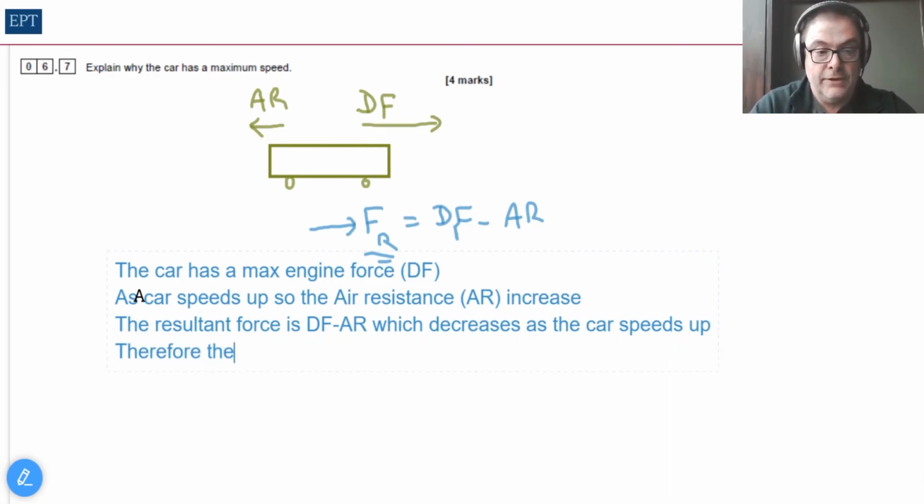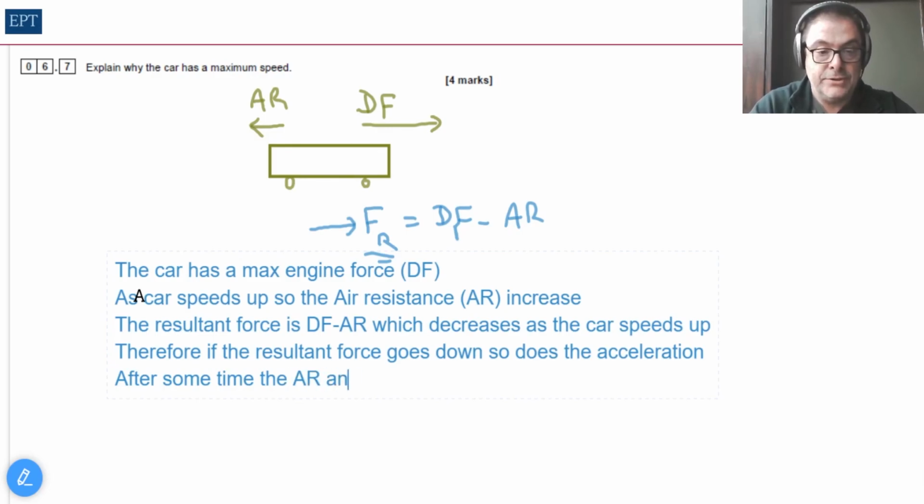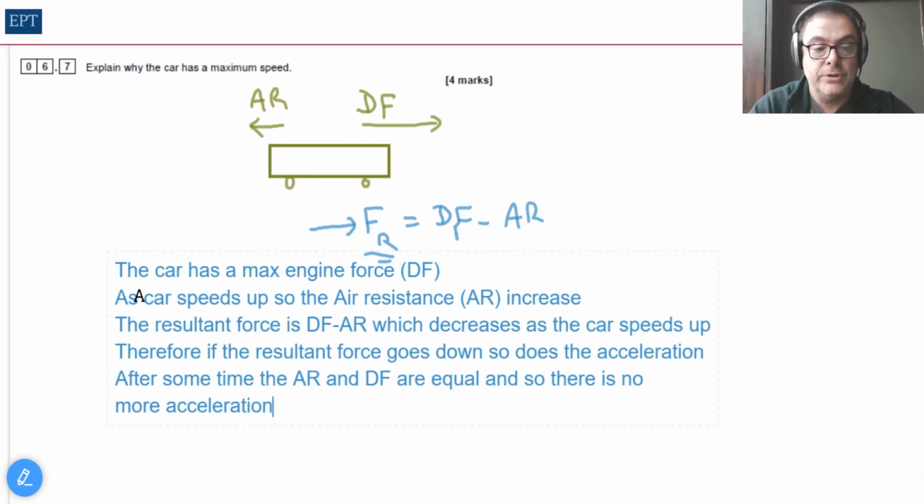Therefore, if the resultant force FR goes down, so does the acceleration. After some time, the air resistance and driving force are equal, and so there is no more acceleration, and we have reached max speed.